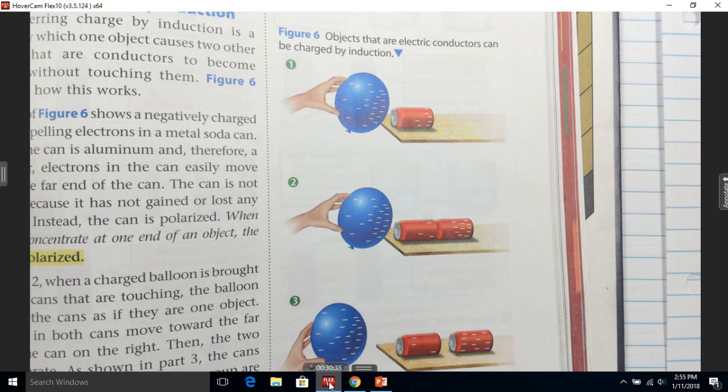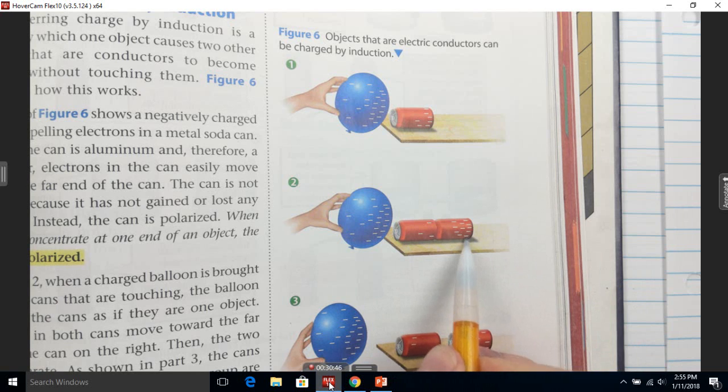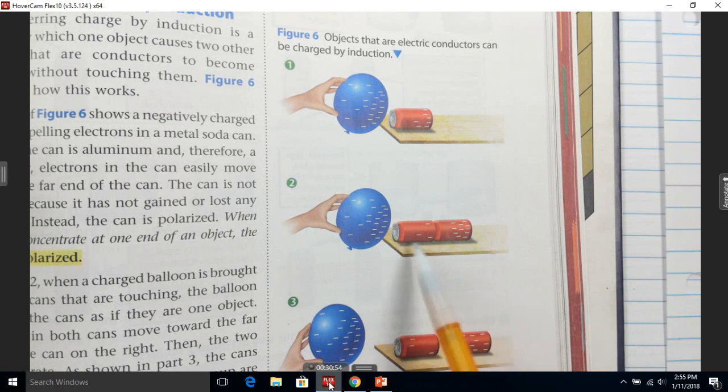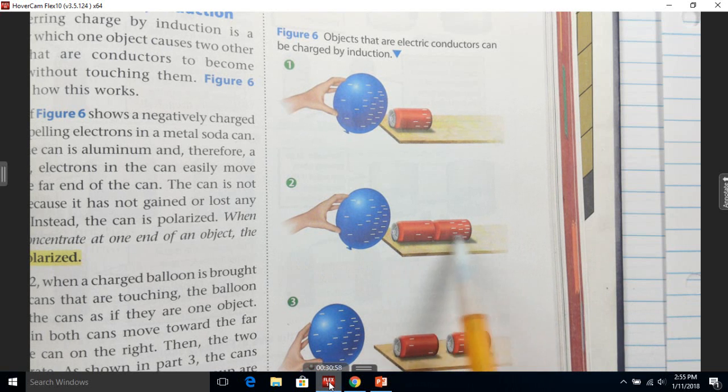The amount that you start with is the amount that you end with. They just get transferred. So he's just going to move some to the side, and he may not have room to move all of those. When the balloon goes away, as long as the Coke cans stay connected, they'll transfer back and even themselves out. That's another process they call electron conduction.